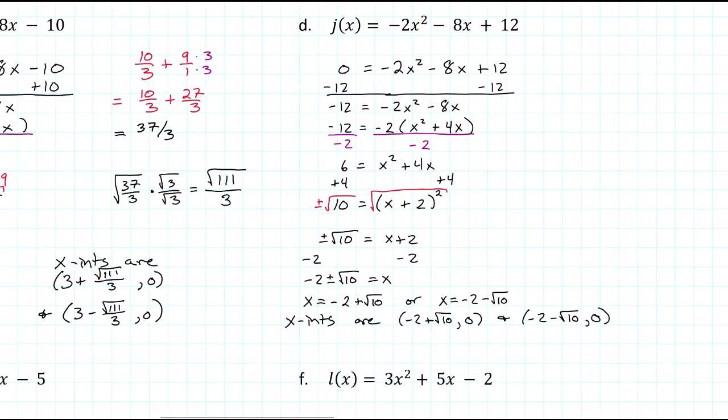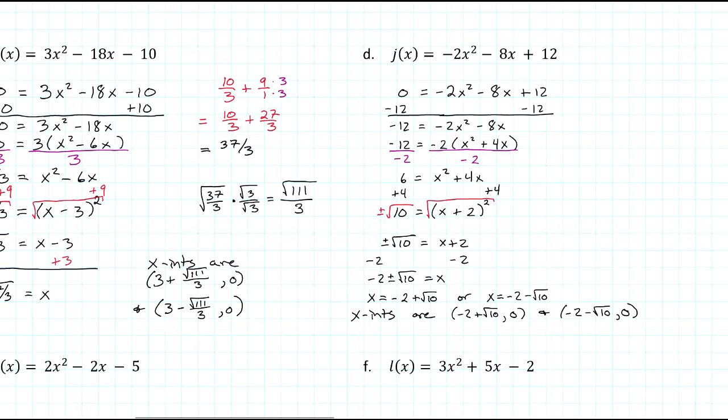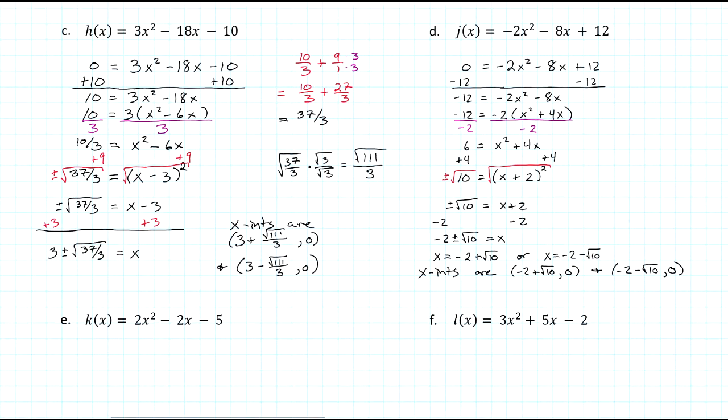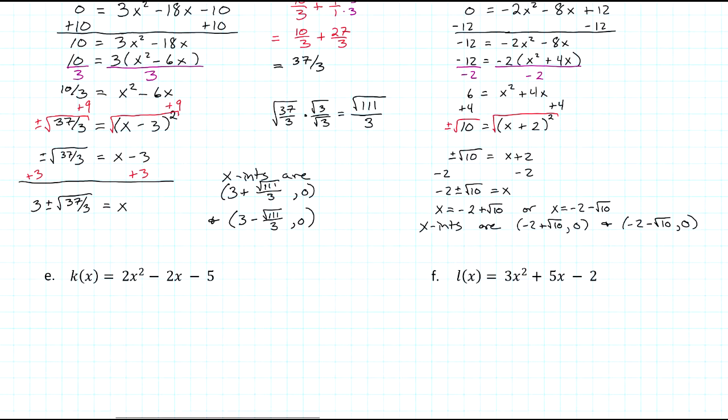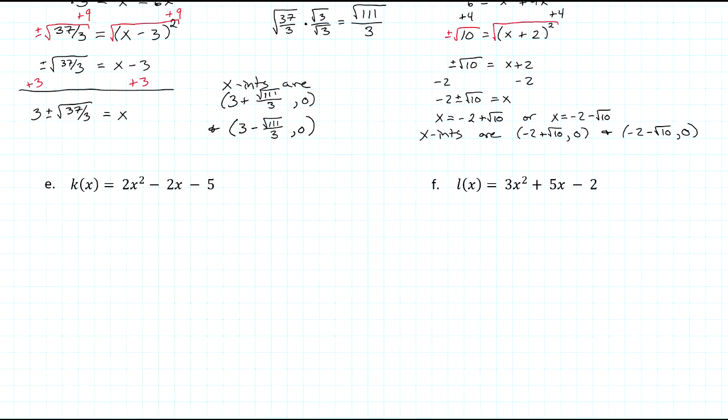And as always, we could plug these numbers into a calculator and find out what they are. There's nothing wrong with just leaving those as an exact value unless we have a reason to plug it in to the calculator.